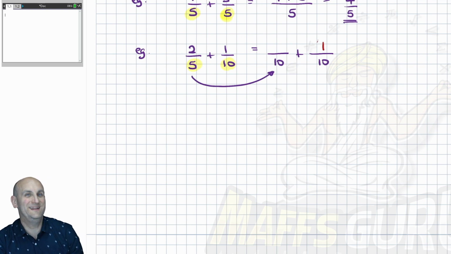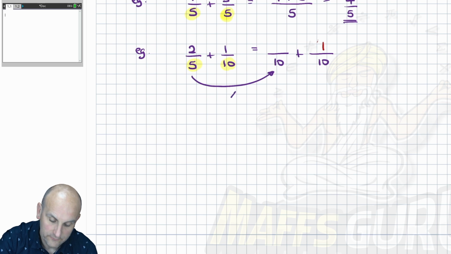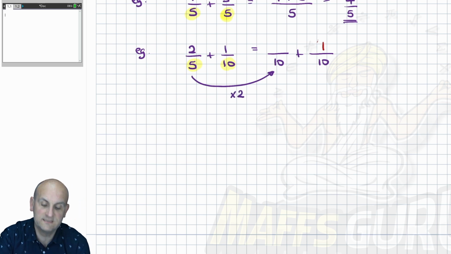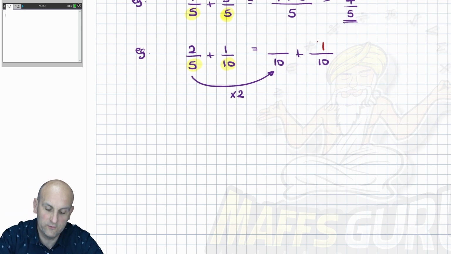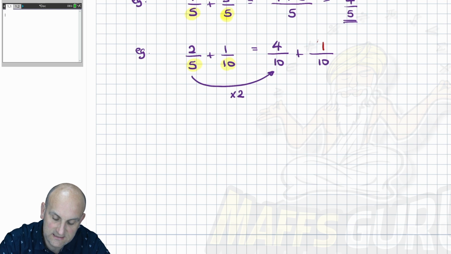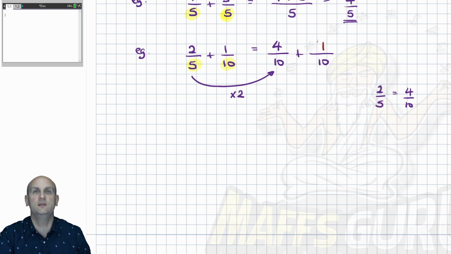I have in fact made it twice as big. And when I do that, because fractions have to stay balanced, if I make the bottom number twice as big, I make the top one twice as big, and so that is the same. So what we're really saying is that 2/5 is the same as 4/10, and we know that. We've done this in another video, previous topic.